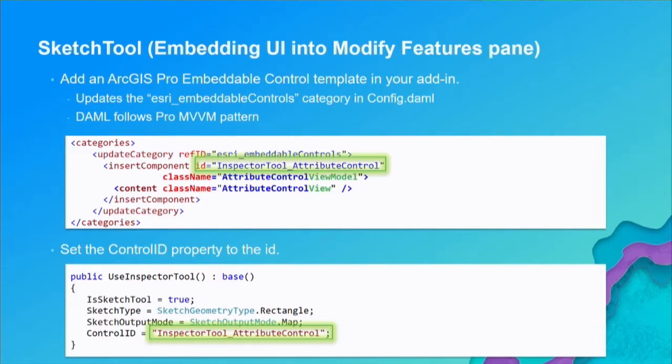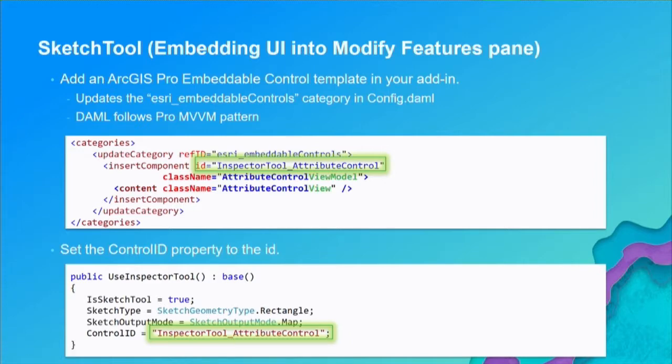The only difference here is that it is not totally in the declarative mode, but as we're adding or inserting our component, the ID of the user interface, we're actually hooking into our tool directly in code.